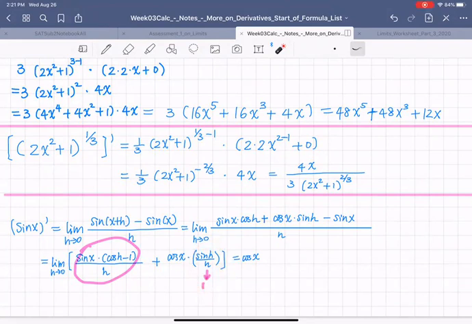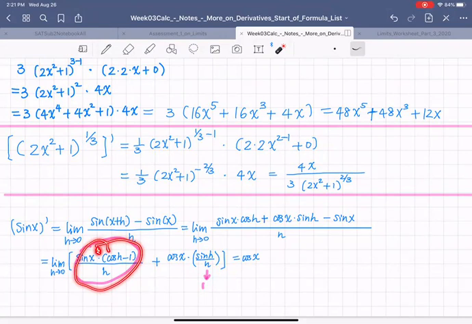And then you might ask me, this part, how do I know? Or this part, again, you accept this equals 0. We won't be able to know this one until we learn the L'Hopital rule.